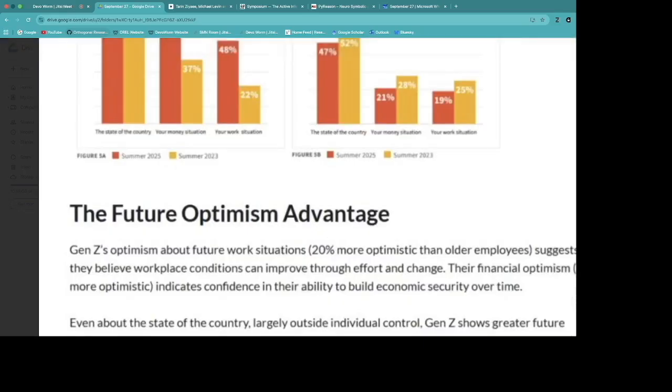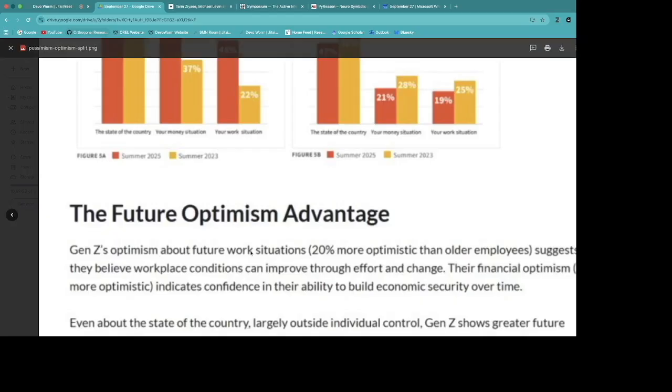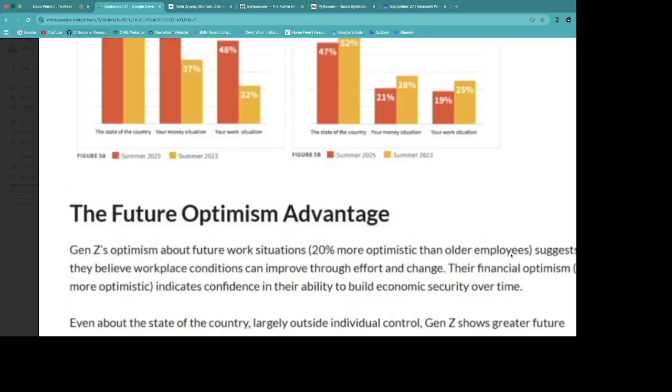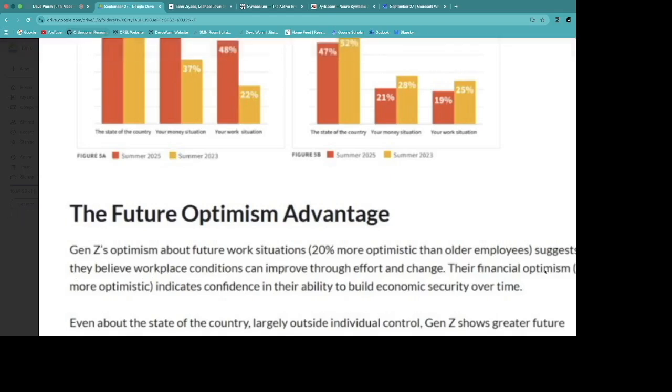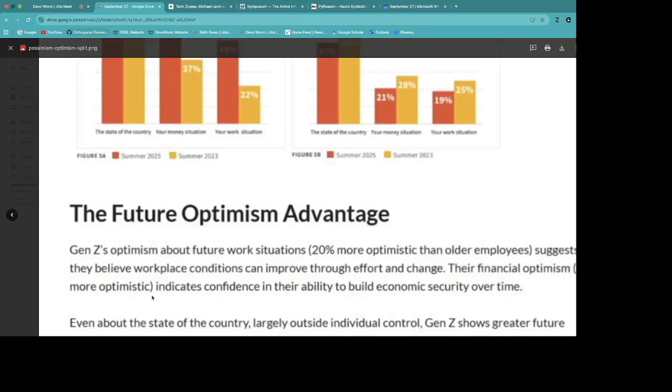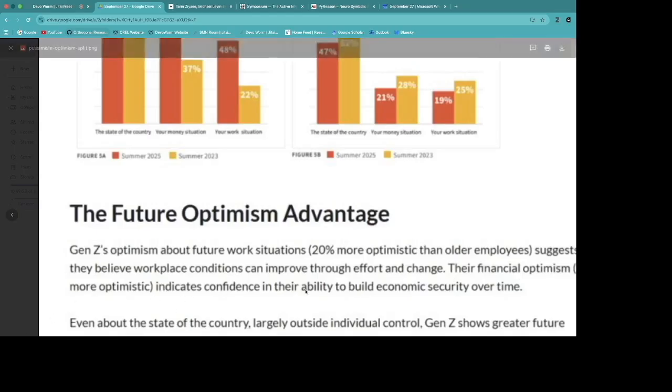And so Gen Z's optimism about future work situations, 20% more optimistic than older employees, suggests they believe workplace conditions can improve through effort and change. Their financial optimism, 22% more optimistic, indicates confidence in their ability to build economic security over time.